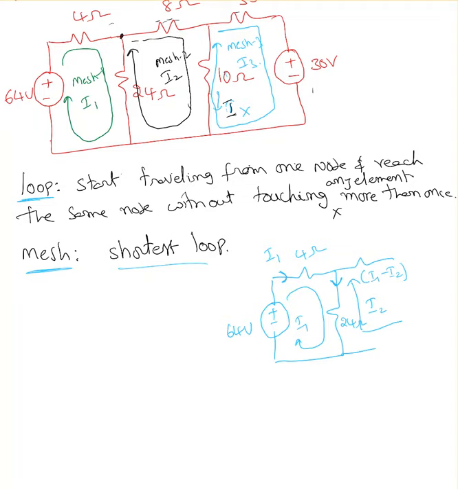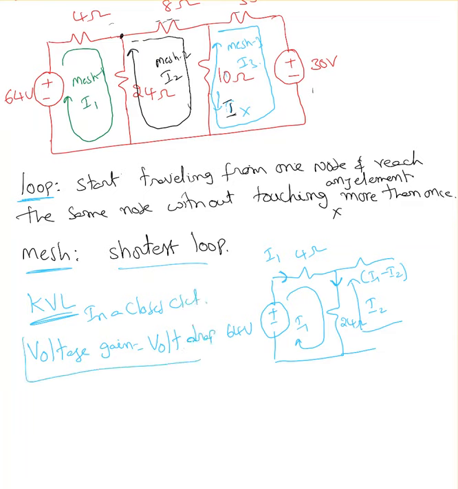Now, mesh analysis is related to KVL, Kirchhoff's voltage law. According to KVL, in any closed circuit, voltage gain equals voltage drop. Let me write down KVL. In a closed circuit, voltage gain equals voltage drop.